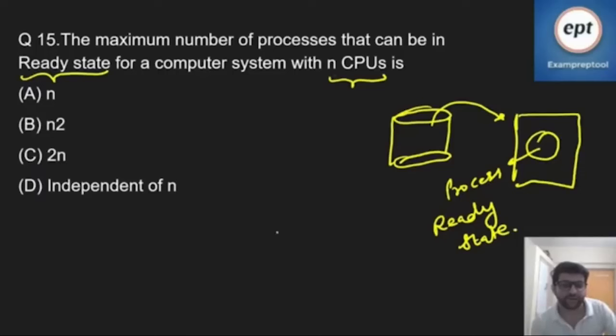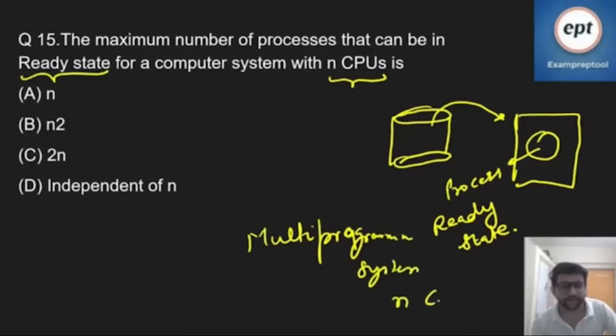And the maximum number of processes that can be in the ready state for a computer system with n CPUs. So we have been given a multi-processor system with n CPUs. We know that this number is independent of n. Why?